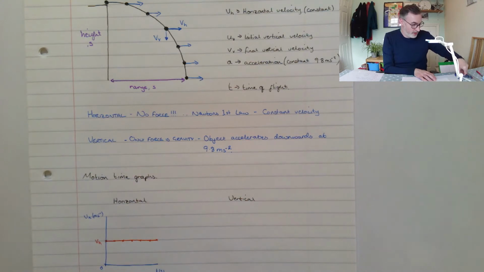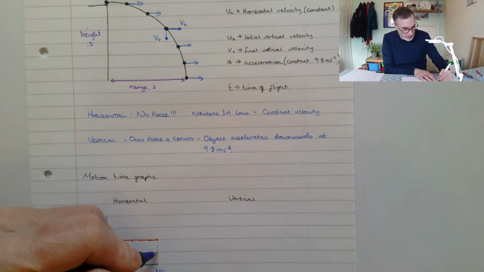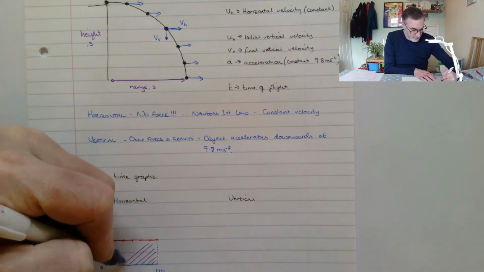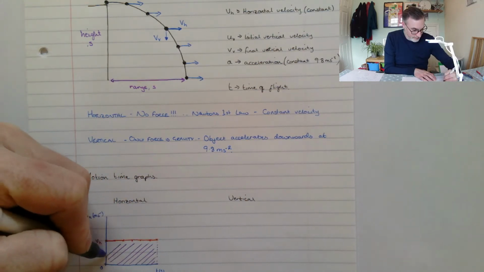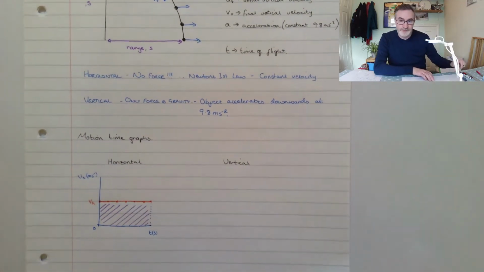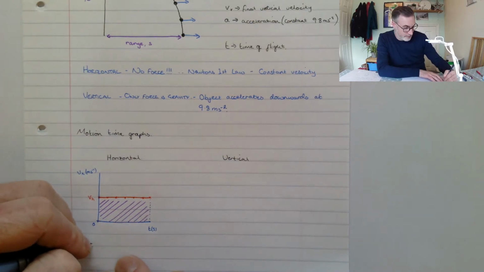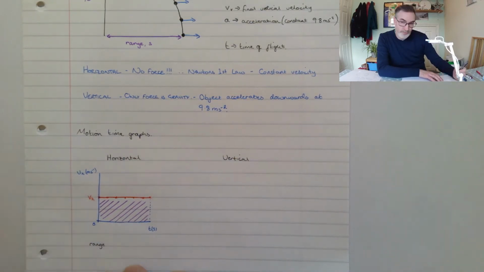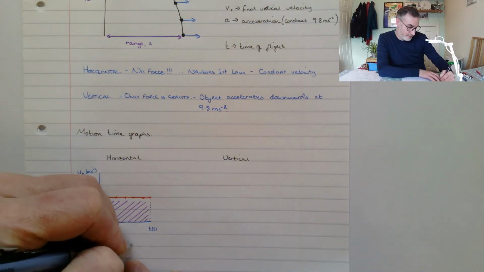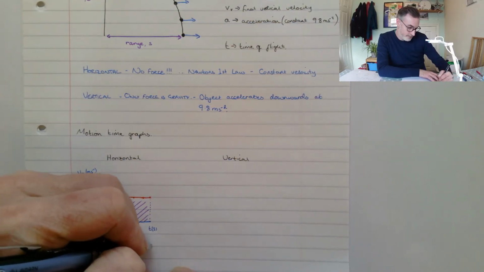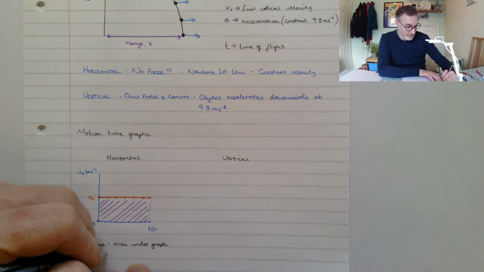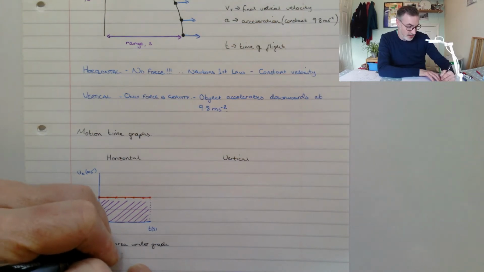So if we work out the area under the graph, the range is equal to the area under the graph, which is going to be base times height.